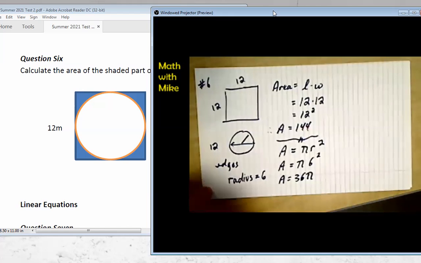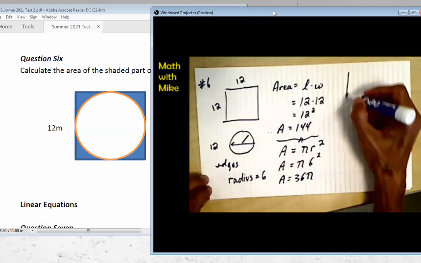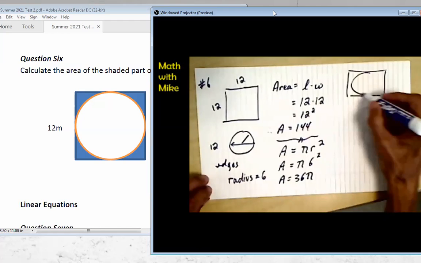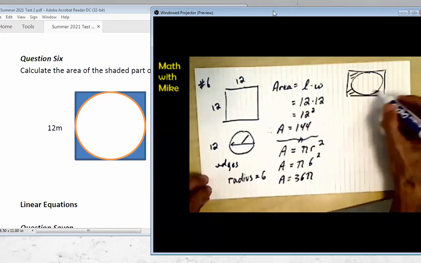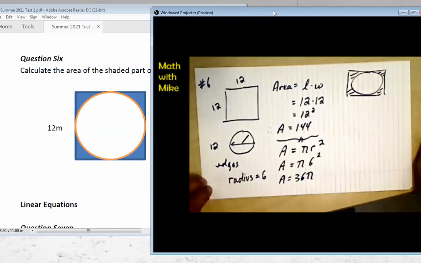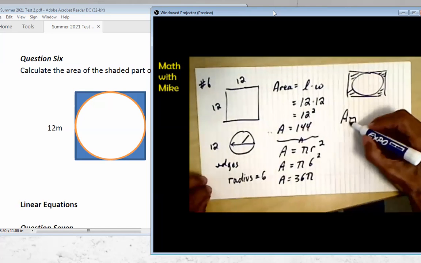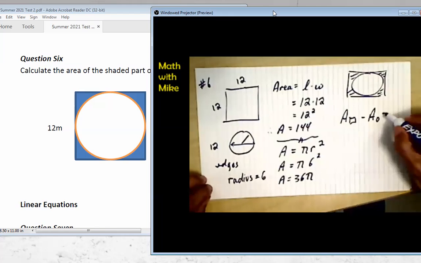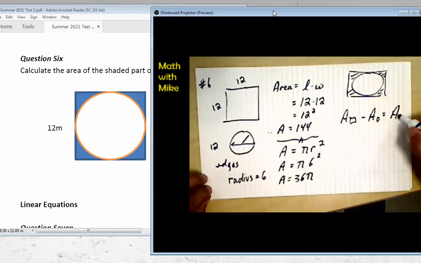Now to get the part that's left over, the shaded part, what do you do with these areas that we just found? Well, you can take the area of the square, subtract away the area of the circle, and that gives the area of the shaded bits, the leftover parts.